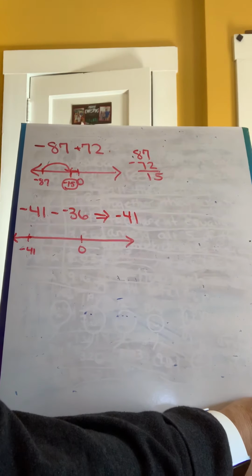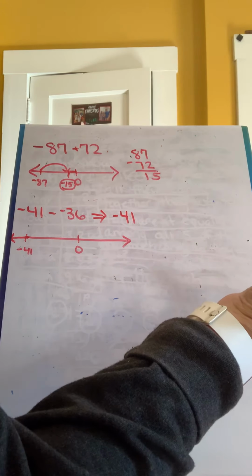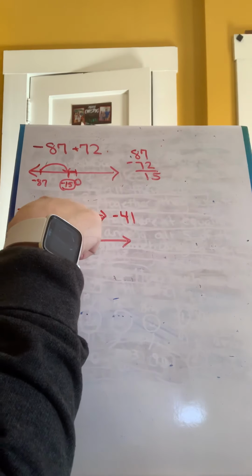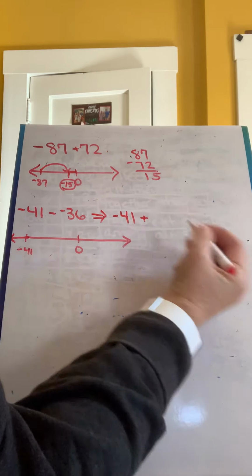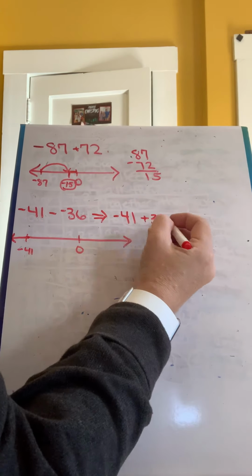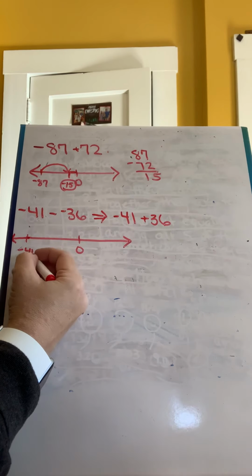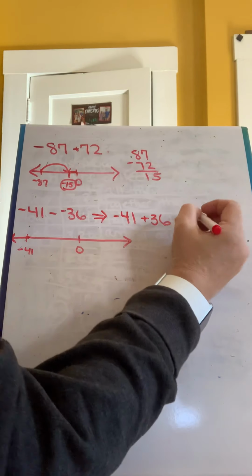And there's a strategy that relates right to this that I remember learning when I was in 7th grade: you take those two negatives, minus a negative, and turn it into an addition symbol in between, because we're adding the 36. So negative 41 plus 36.